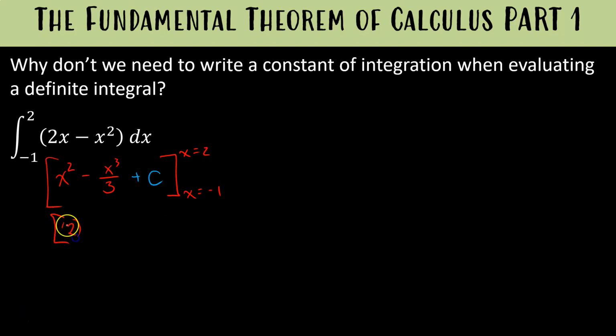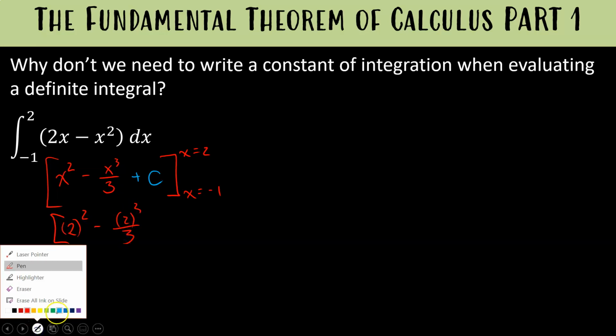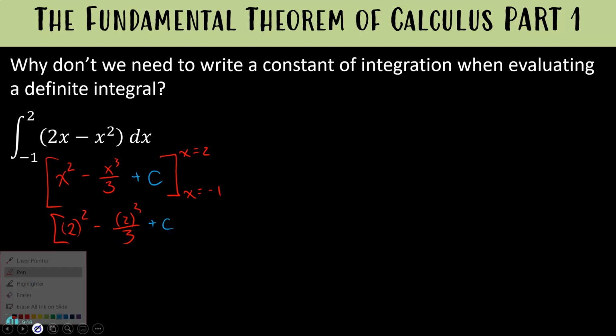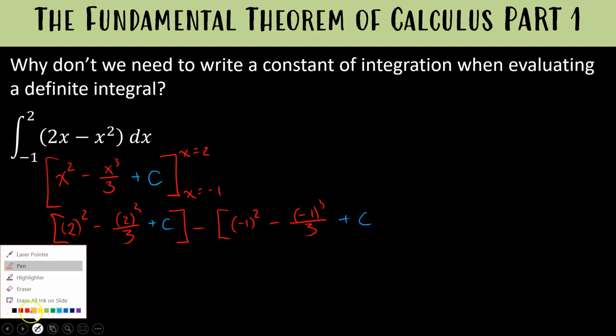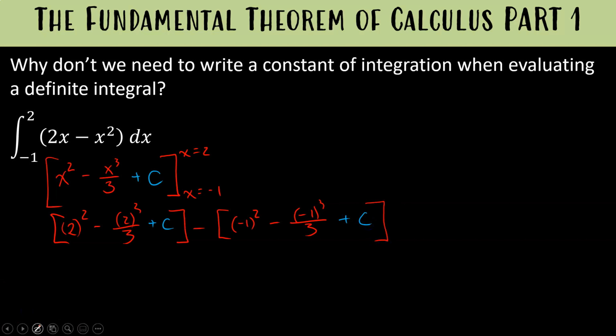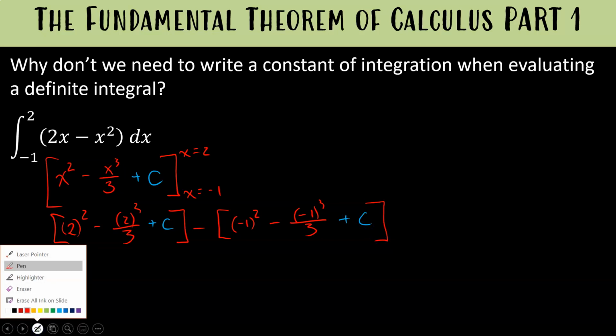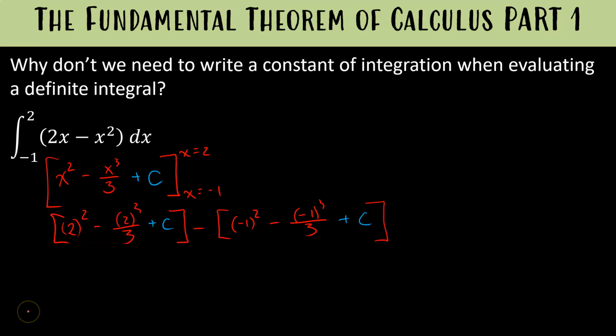Just like we did before, 2 squared minus 2 cubed over 3 plus constant, minus -1 squared minus -1 cubed over 3, and then plus the same constant. No matter what, those two blue C's have the same value. We don't know what that constant is, but we do know those two C's have the same value.